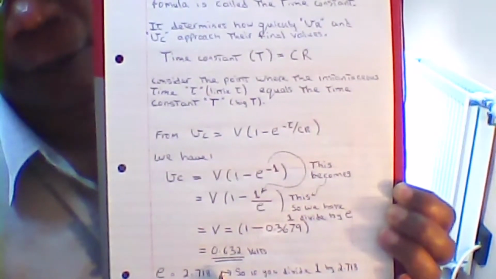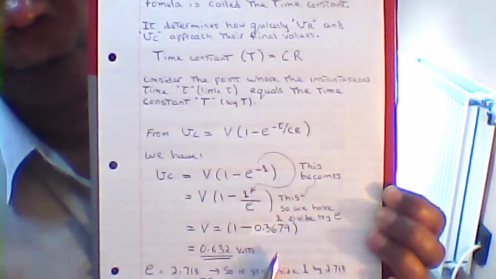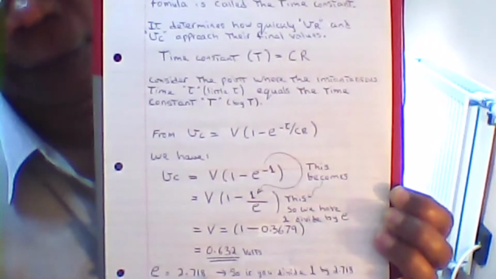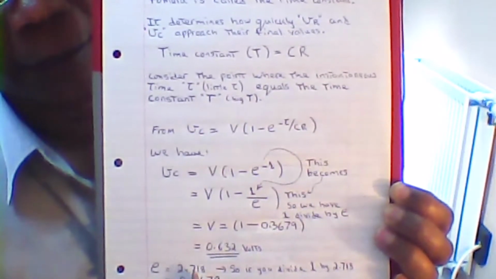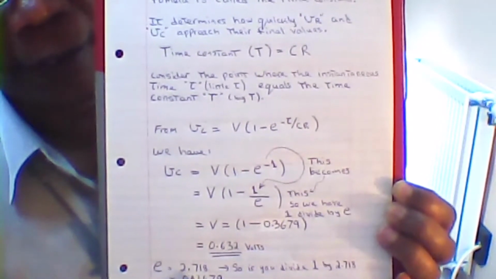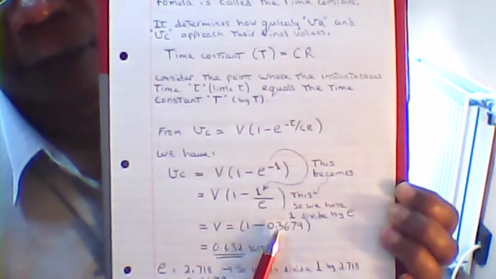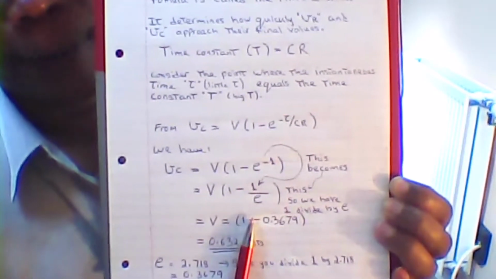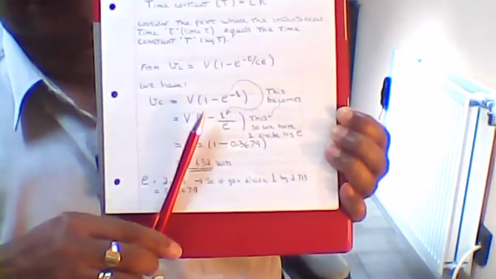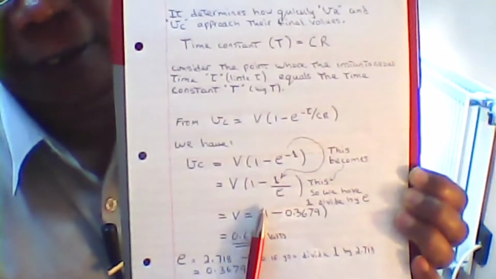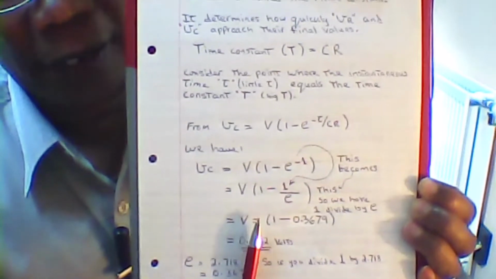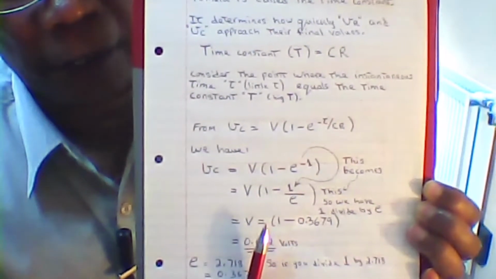So if you divide 1 by 2.718, it will come out to 0.3679, the same value we have here as we have here. It's just showing you how it was arrived at and applying the process, because you will need to apply the process for yourselves as you go further and deeper into this. There are no shortcuts, there is no quick fix.